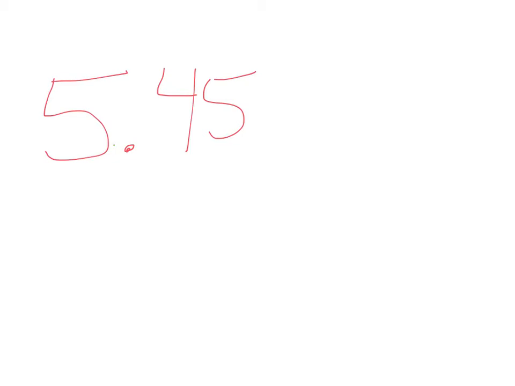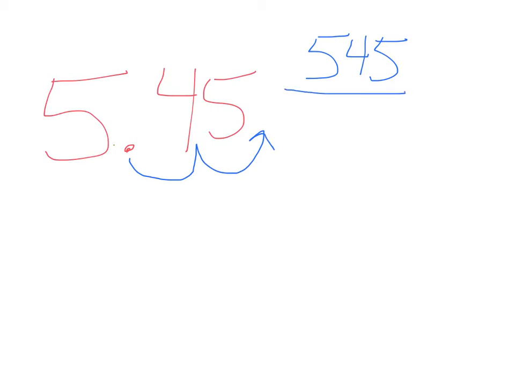So I can look at it really a couple of different ways. Again, do the same thing. If I move my decimal as many times as I need to turn it to the end, that's going to give me the whole number 545. This is just one way that we can start with it, and I'm going to show you a different way that you can use it. So it's the whole number 545 over, again, because I moved it twice, 100.